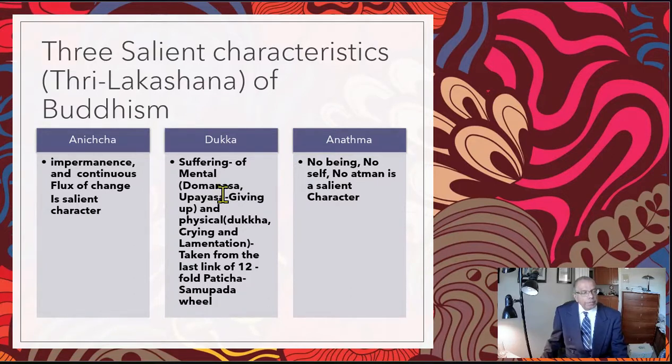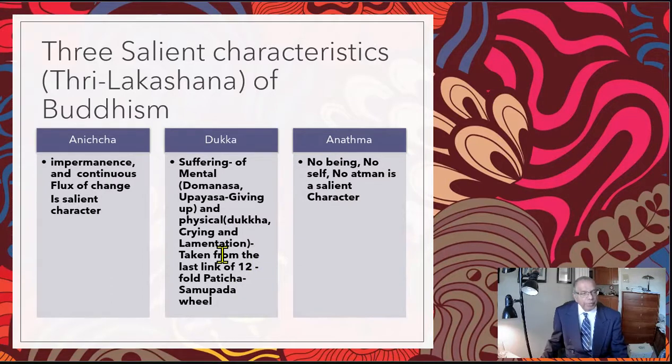So it is somewhat similar to an extreme mental exhaustion due to the mental suffering or domanassa, and a person gives up. Similarly, we will discuss the physical suffering, which is defined as dukkha, which ultimately propagates to crying and lamentation. These are taken from the last four links of the Buddha's teaching of the 12-fold Paticca, which I am going to expound further.